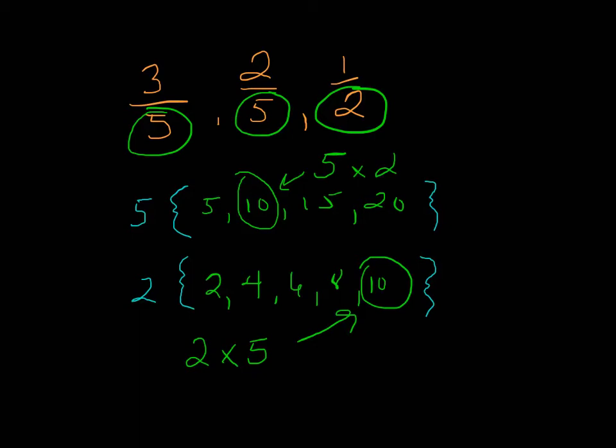So in order for me to get a common denominator, or one that's the same so I can compare them just like earlier when they're really easy, I need to multiply and find an equivalent fraction that's going to help me do this.